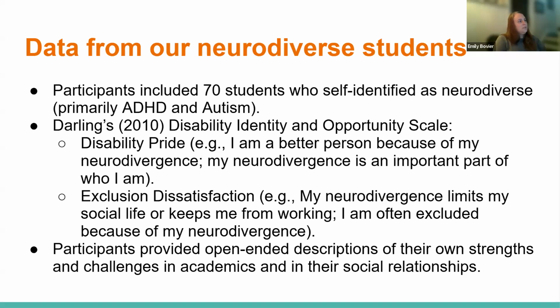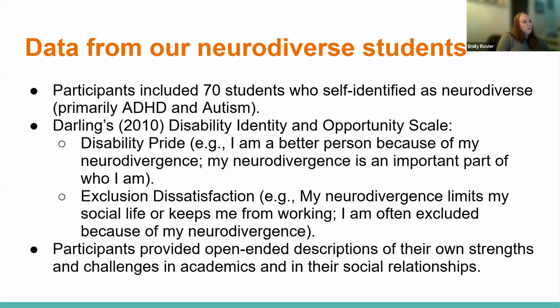Participants completed Darling's Disability Identity and Opportunity Scale for us to get some quantitative data from those students. What I was primarily interested in is the concepts of disability pride or exclusion and dissatisfaction, which are subscales that you can get from this particular scale.